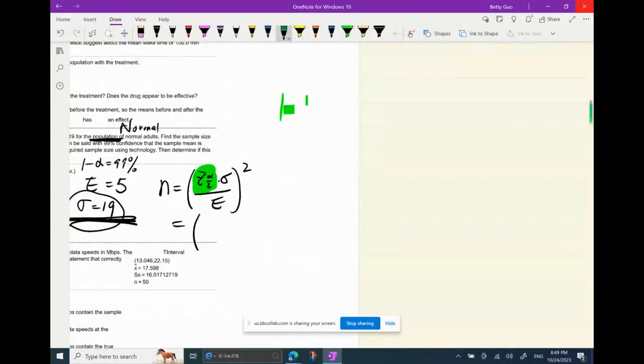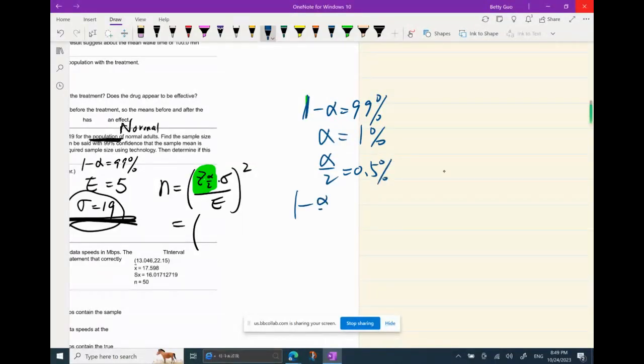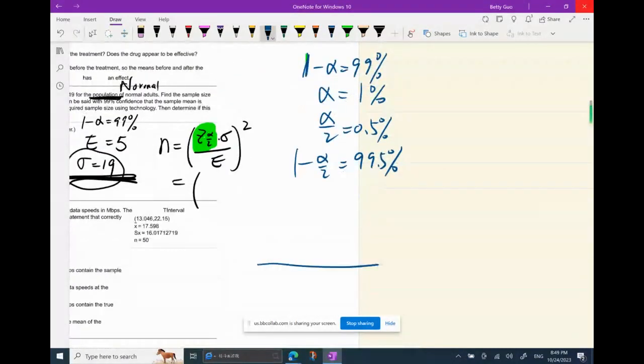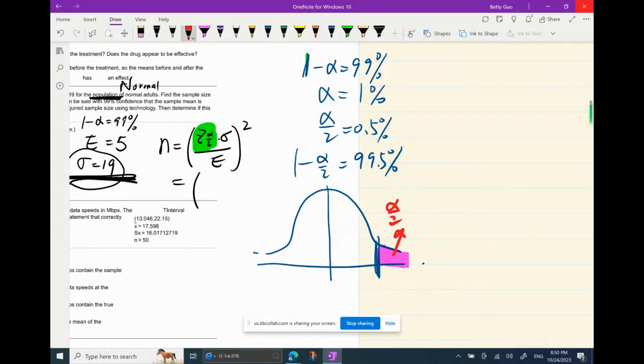Start from 1 minus alpha, 99%. Then alpha would be 1%. Alpha over 2 would be 0.5%. 1 minus alpha over 2 would be 99.5%, right? So we are looking for the critical z value. This area, this region, is alpha over 2.